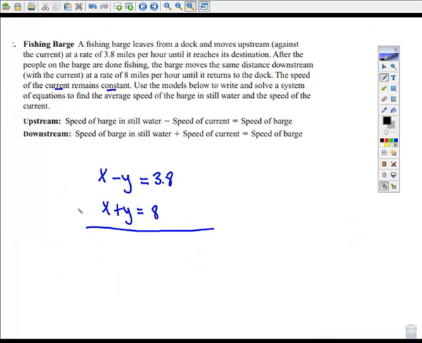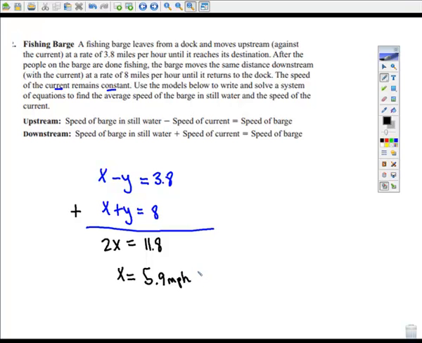So exact opposites, I'm going to go ahead and add. x plus x is 2x, the y's eliminate, 3 8/10 plus 8 is 11 8/10, divide by 2, and x equals 5 9/10 miles per hour.